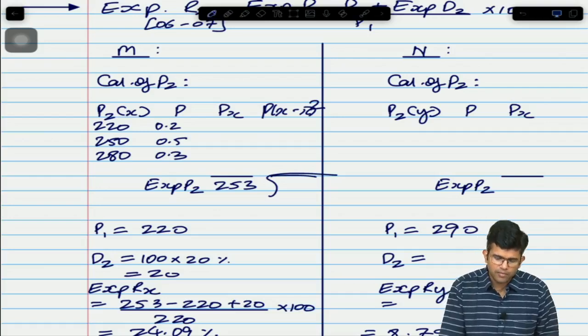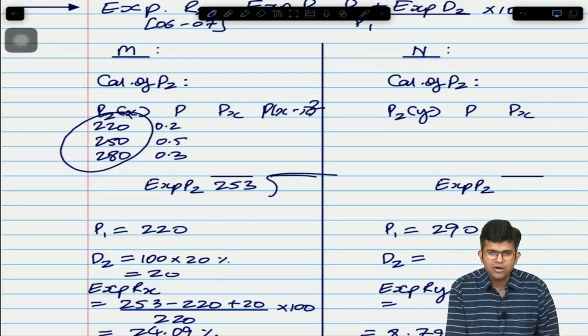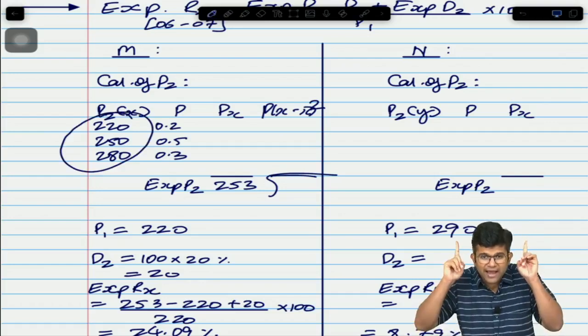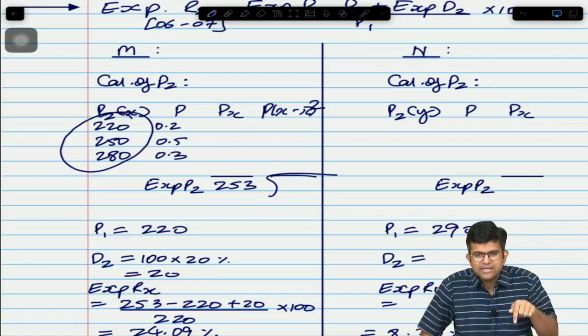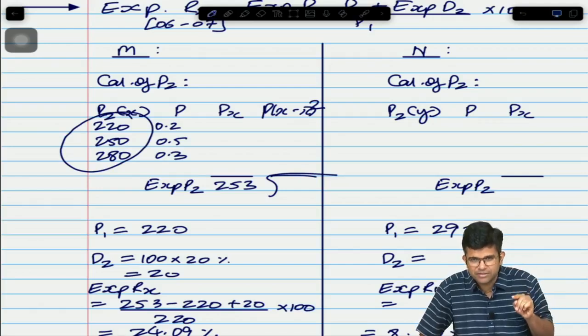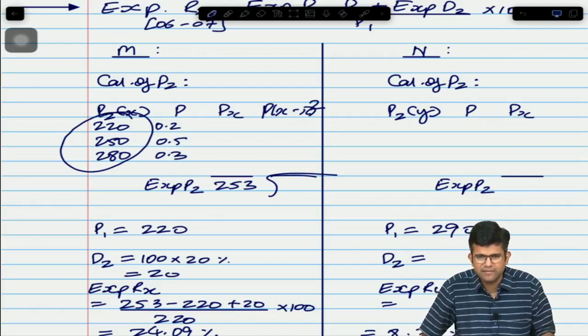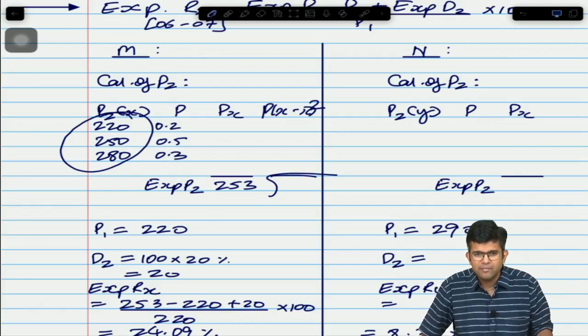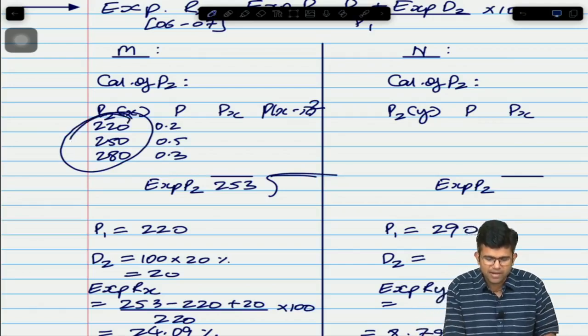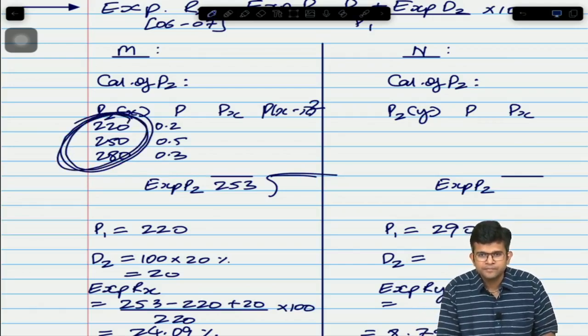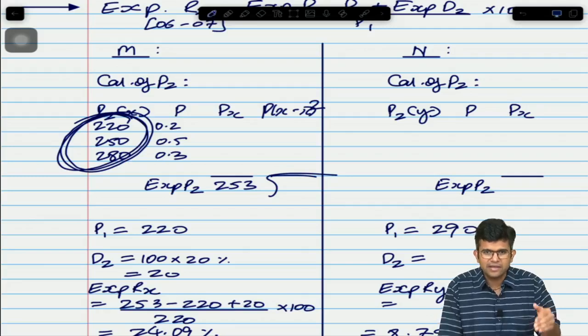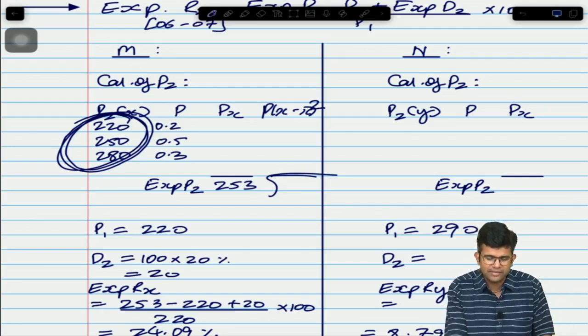But there is one problem. The problem is that these numbers are not actually the x that we want. These numbers are the price numbers, not the return numbers. Everyone, are you able to understand what I am trying to say? Because generally when we calculate sigma, there are percentage returns here. That x can either give this return or that return or that return, and then we find the risk of those returns.